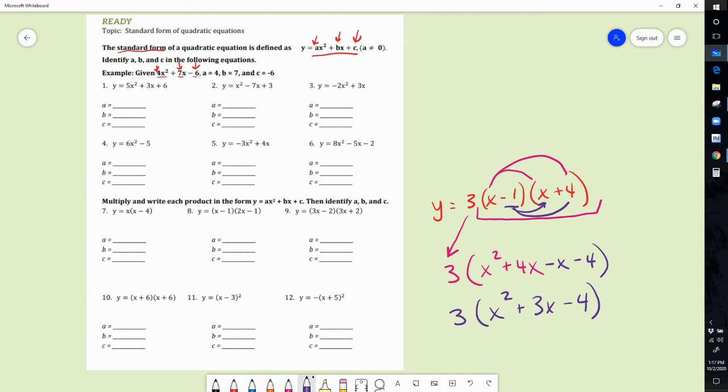Now I'm almost done, but the 3 still wants to get multiplied because he feels lonely. So just distribute that 3 in. 3x squared plus 9x minus 12. And then very simply, a is 3, b is 9, and c is negative 12. So that's the gist of all those problems.